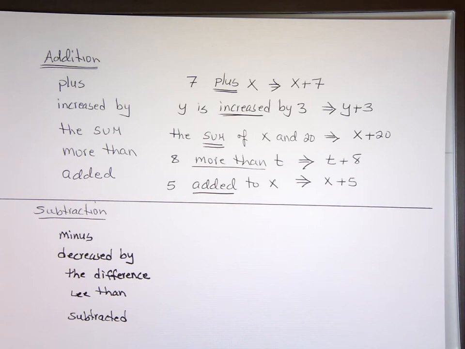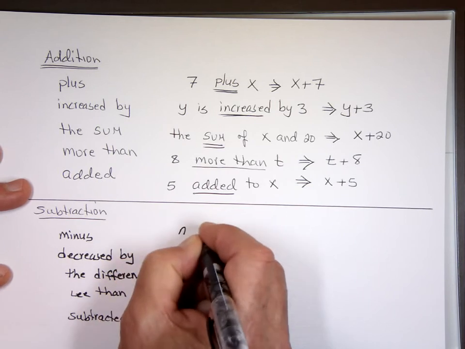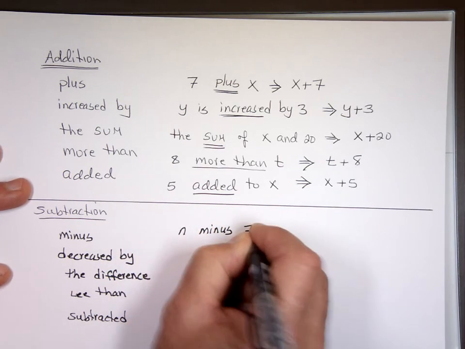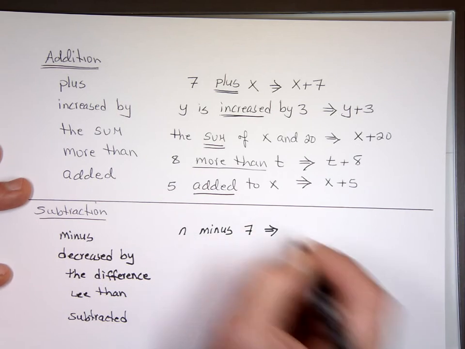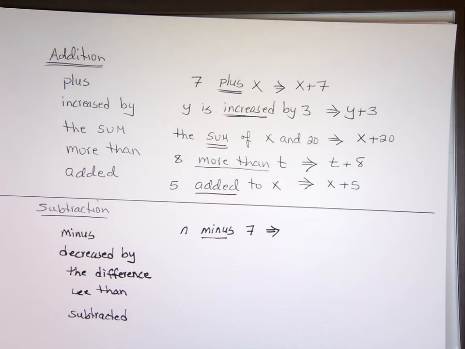Let me take some examples and change them to algebraic expressions. N minus 7. The way you write that is, minus means subtraction. Again, n minus 7 or 7 minus n. It does make a difference here.